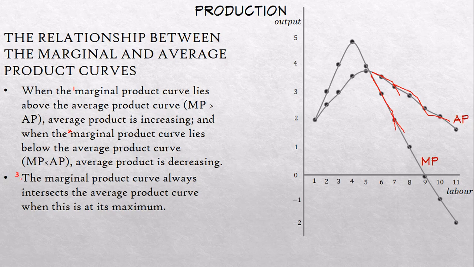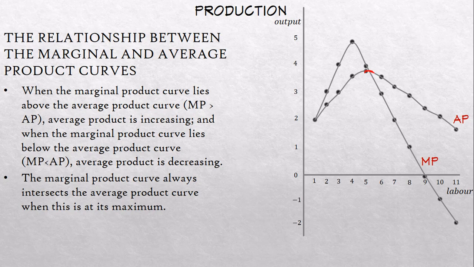So with the third one, the marginal product curve always intersects the average product curve when the average product is at its maximum.